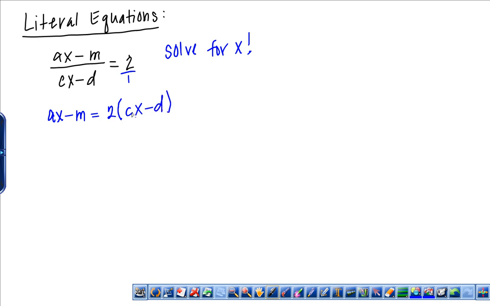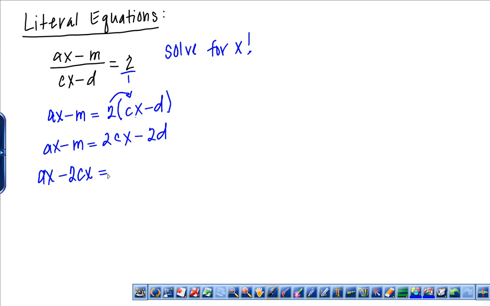I have an x on both sides. How about we go ahead and distribute this? So this is ax minus m is equal to 2cx minus 2d. And then I can go ahead and get my x's on the same side. So I'm going to subtract the 2cx over here so that I have ax minus 2cx.